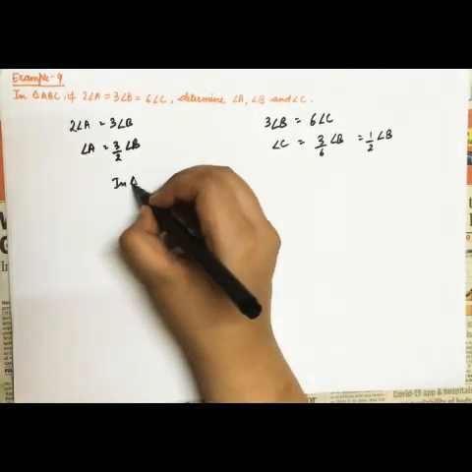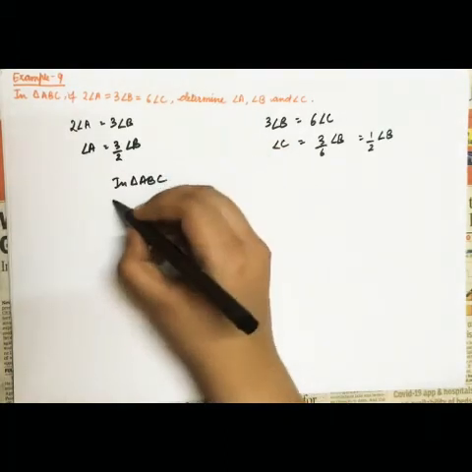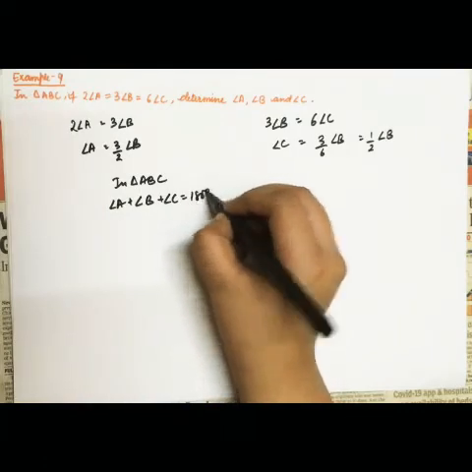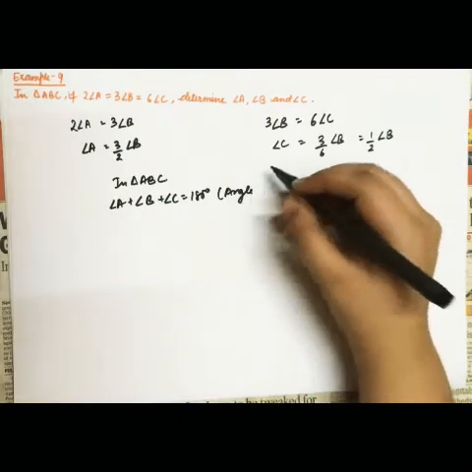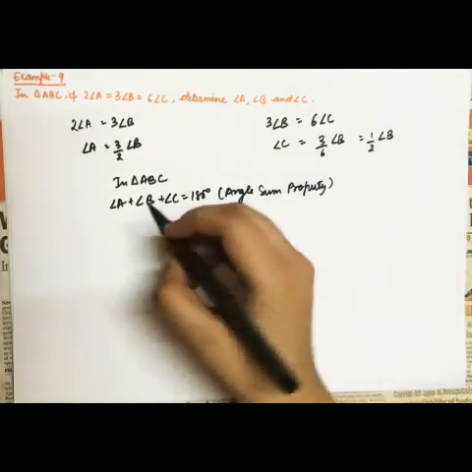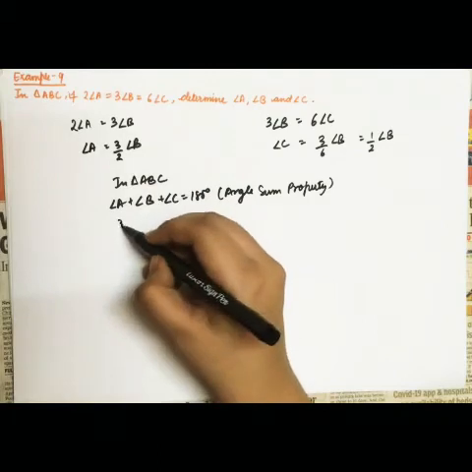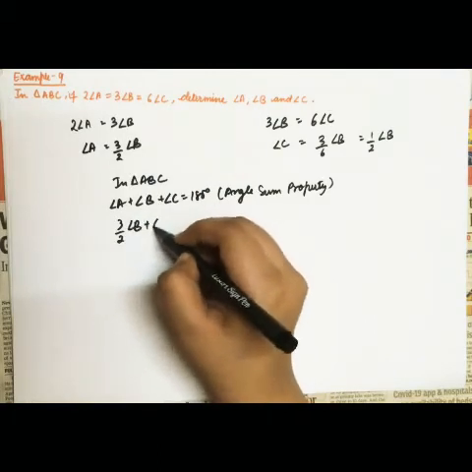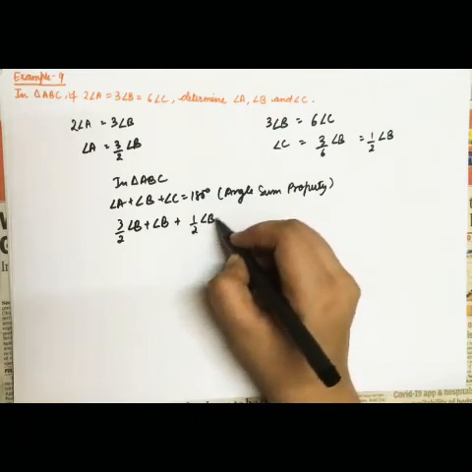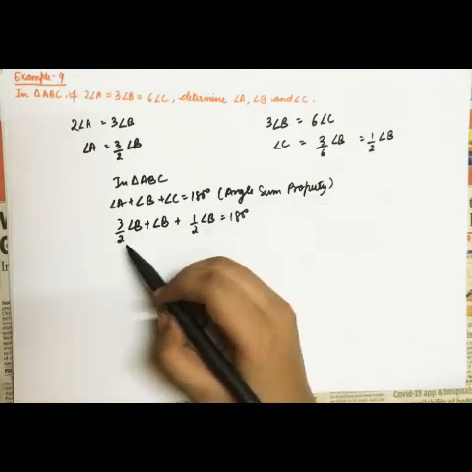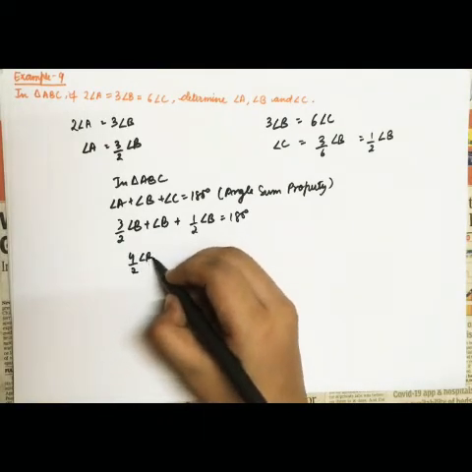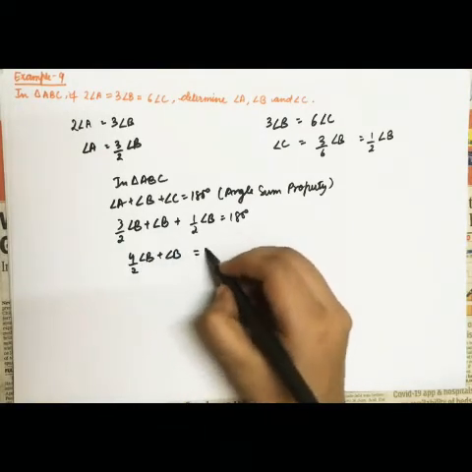Now in triangle ABC, we can say that angle A plus angle B plus angle C is equal to 180 degrees because of the angle sum property. Now angle A is 3 by 2 of B. We will write angle B as it is, and angle C is 1 by 2 of B. Now 3 by 2 plus 1 by 2 is equal to 4 by 2 of angle B, plus angle B equal to 180 degrees.